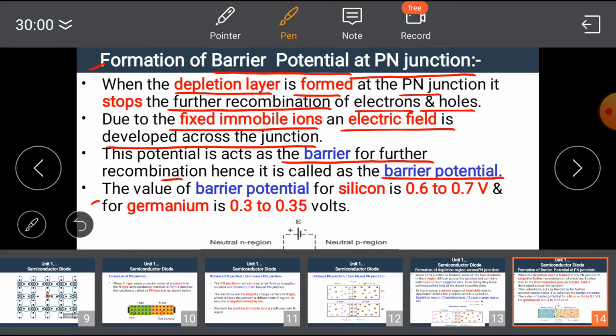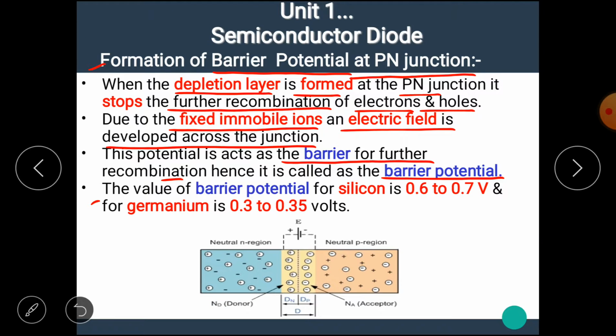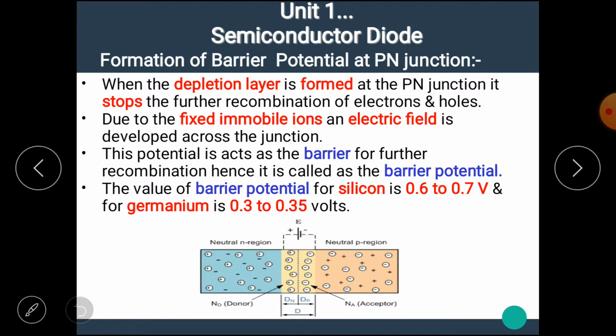The value of barrier potential for silicon is 0.6 to 0.7 volt and for germanium is 0.3 to 0.35 volt. This is a very important statement: the barrier potential for silicon is 0.6 to 0.7 volt and for germanium is 0.3 to 0.35 volt.